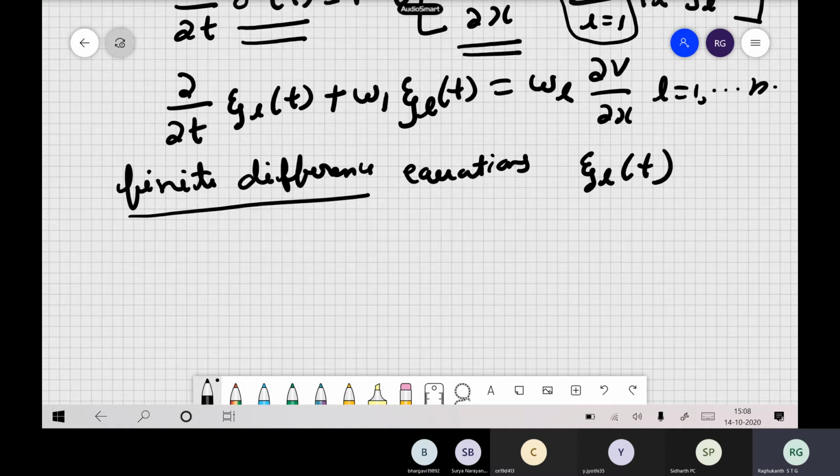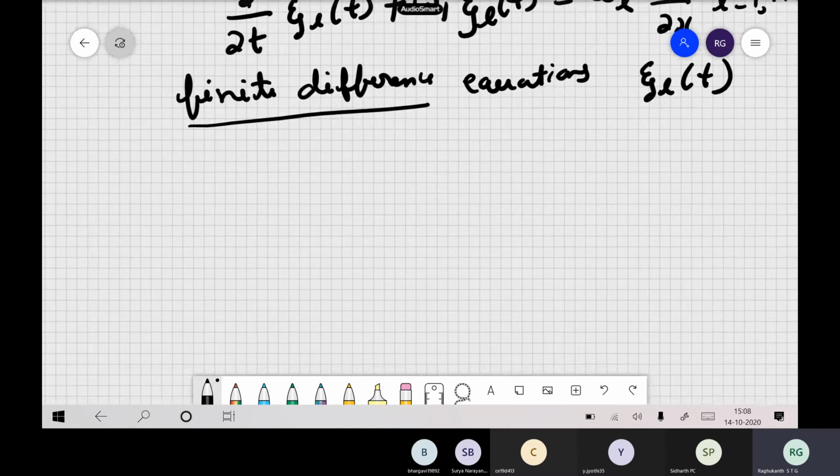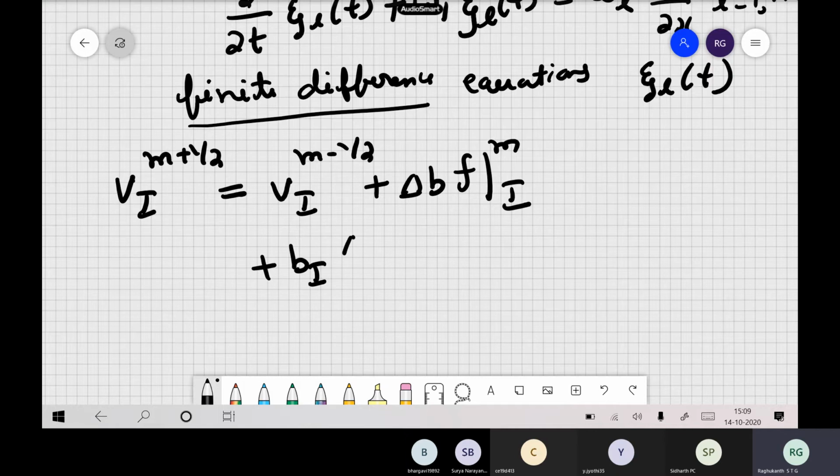You can straightforwardly write it, though big equations come out. I think he has given it in that textbook also. So I will write one equation. Generally for stresses we write like this. So Vi, this is for the velocity, m plus half. I think this is the 2, 4 scheme he has used. M minus half plus delta t into F, this is the body force at m and i, plus Bi into delta t by h.